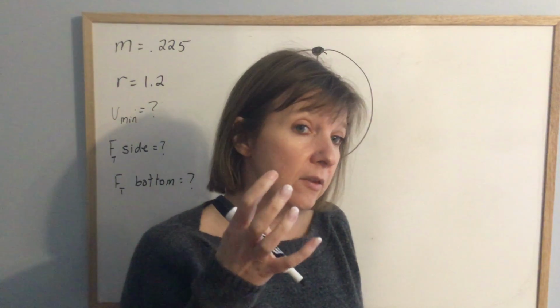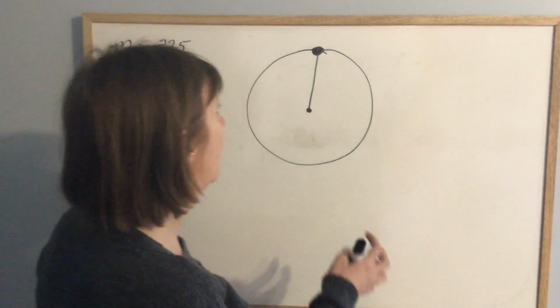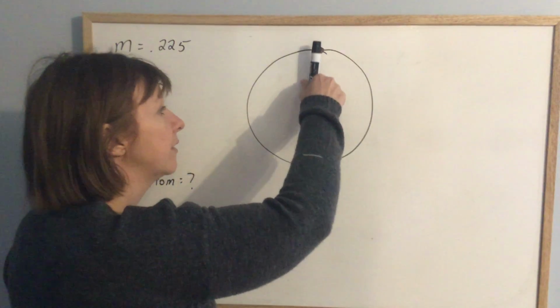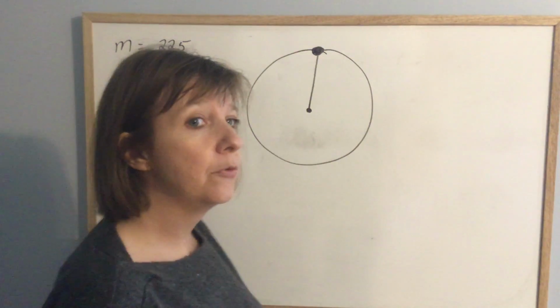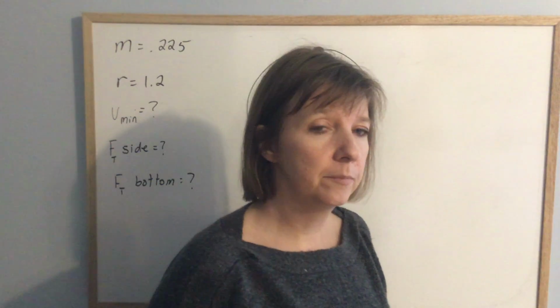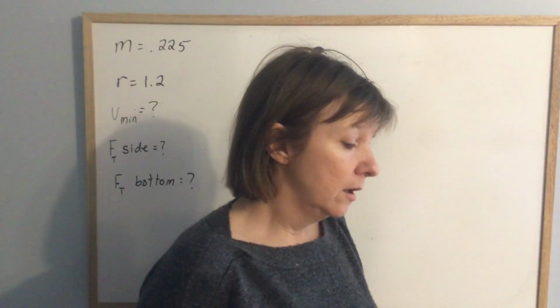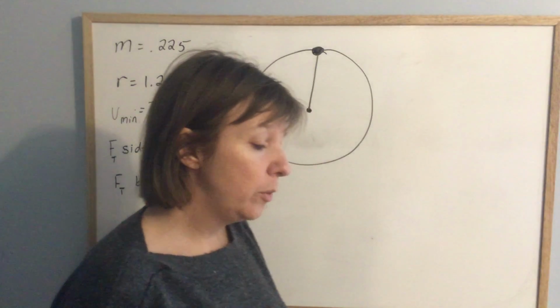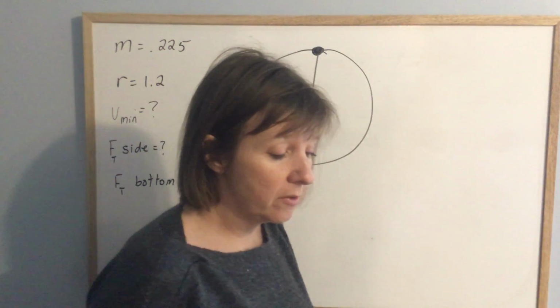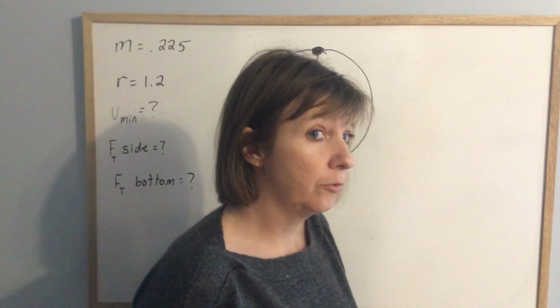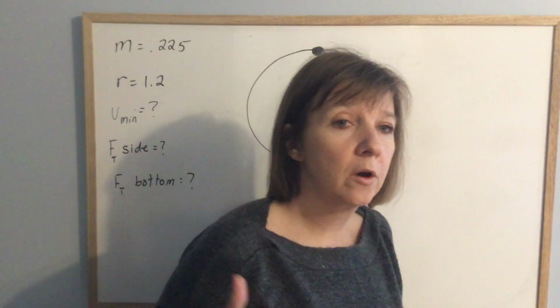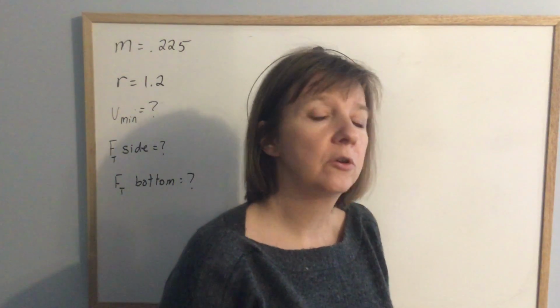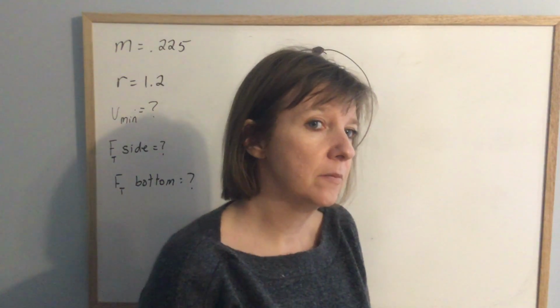We know that the centripetal force always moves towards the center of the circle. But we know that either a force or a combination of forces work to contribute to the centripetal force.